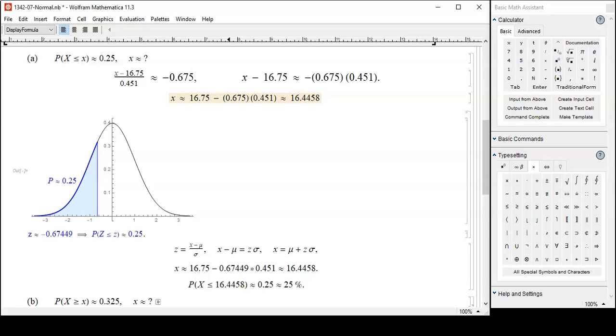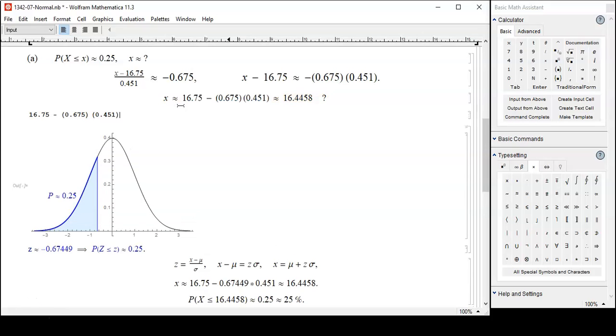16.4458 approximately speaking. And the reason I put a question mark here is because here I used how many decimals? Oh, no, I used too many decimal digits here. So this answer must be something a little bit more accurate than whatever you're going to get from this computation.